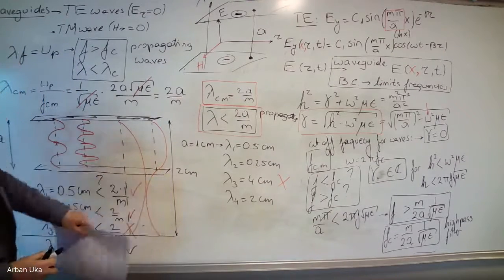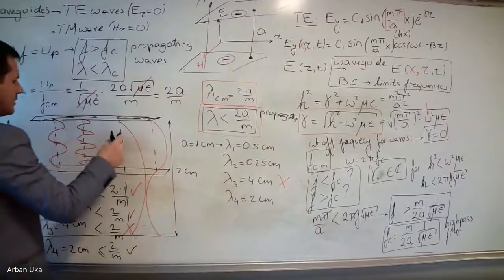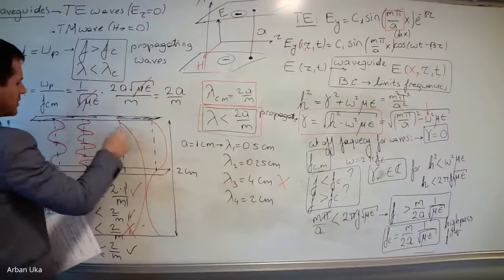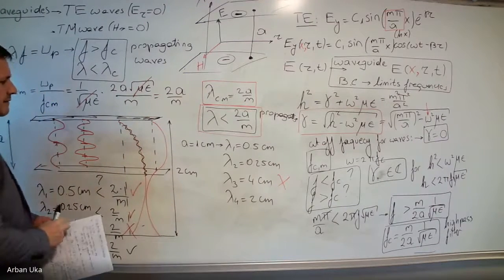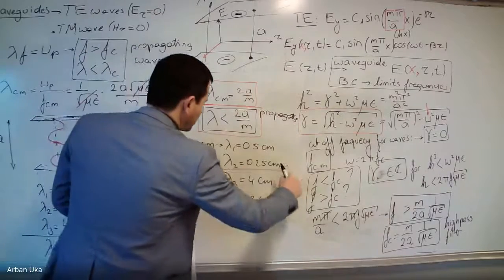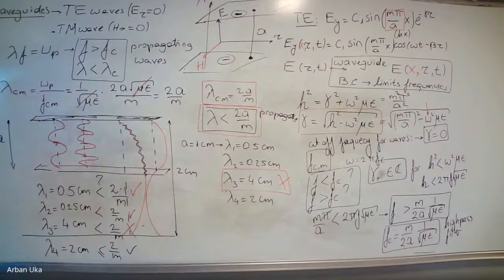So the only wave which is not supported is this one, which is lambda 3. All the rest can be supported. So you take this out, and one way to represent this would be the following.